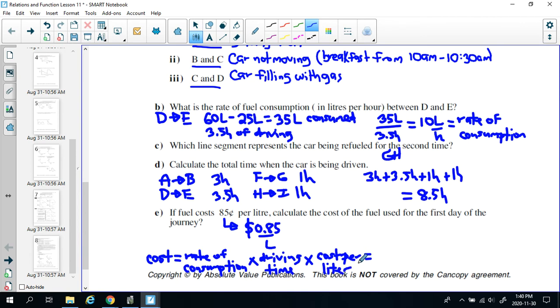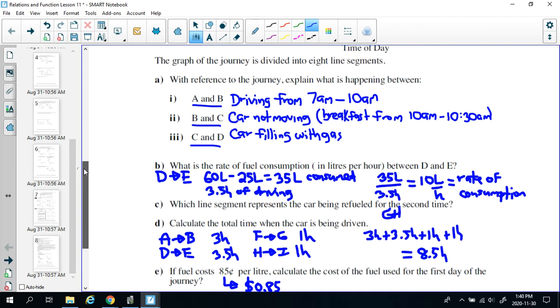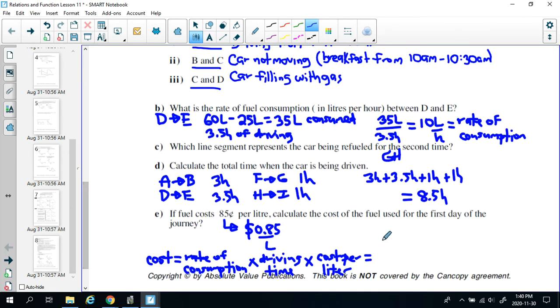Okay, so let's multiply these numbers together. The rate of consumption we got from part B, it was 10 liters per hour. Multiplied by the driving time was 8.5 hours. And then multiplied by the cost per liter, so the cost per liter will be $0.85 per liter.